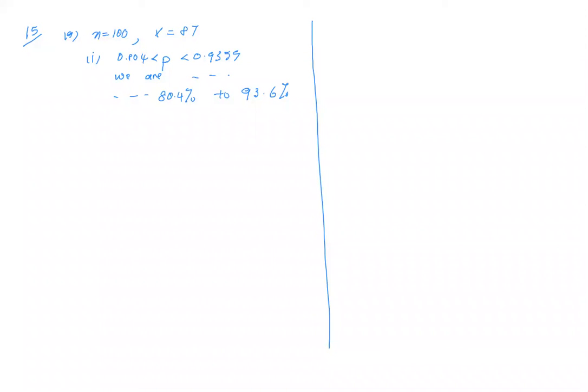Okay, so they say on the basis of the confidence interval that you calculated in part A1, the wholesaler claimed that at least 80% of the seed will germinate and grow into seedlings. Explain why it is reasonable for the wholesaler to make this claim. Because the lowest proportion is 80.4% in the confidence interval. So it is reasonable to claim that it is at least 80%.